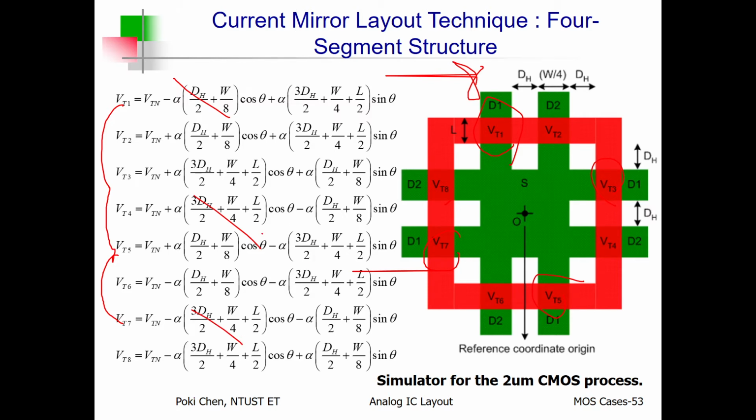You can calculate it by yourself. After summation, VT1, 3, 5, 7 for M1 and VT2, 4, 6, and VT8 for M2, you will see the result for M1 and M2 will be exactly the same.